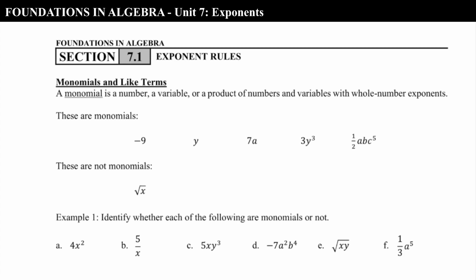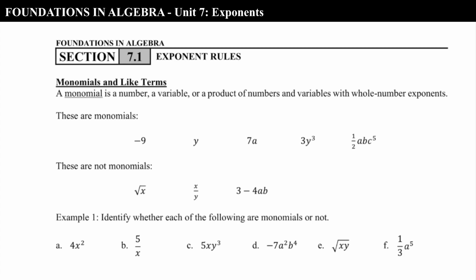In contrast, these are not monomials. You have the square root of x. Anything that's under a square root, a cube root, a fourth root symbol, and so on is not considered a monomial. Neither is something that has a variable in the denominator. You cannot have some variable like y here in the denominator. You also can't have more than one term. 3 minus 4ab is actually two monomials put together.